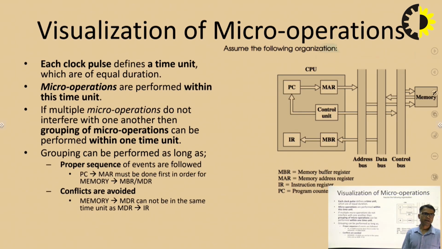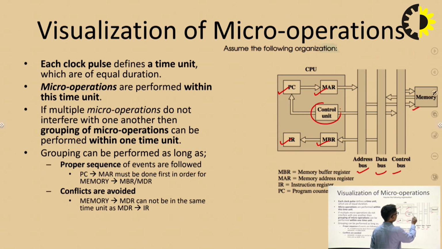Fine. Now, if we see the flow diagram of the various units available in the computer, we can see that there are three different buses: address bus, data bus, and control bus, and an external unit, memory. And within the CPU, we can see there is a program counter register, a memory address register, a memory buffer register, an instruction register, and a control unit.